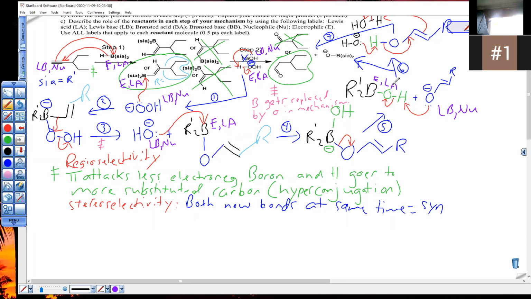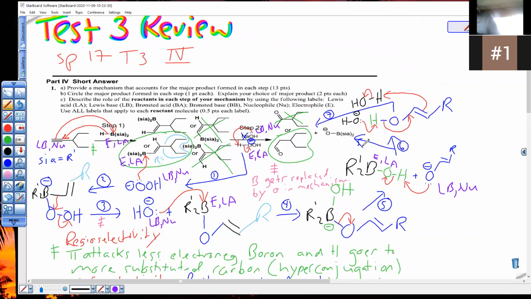We got an attacker. Oh, this one's got it all. This one's got the attacking from the bottom. This thing's getting attacked on the H. And then it's turning around and being an attacker. Yeah, there's another molecule up there involved.